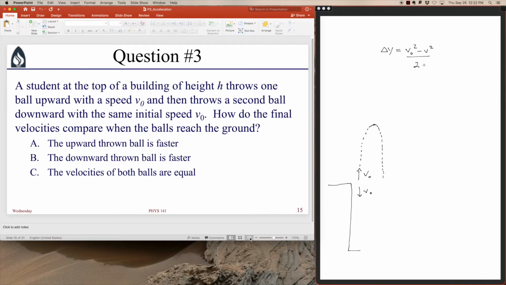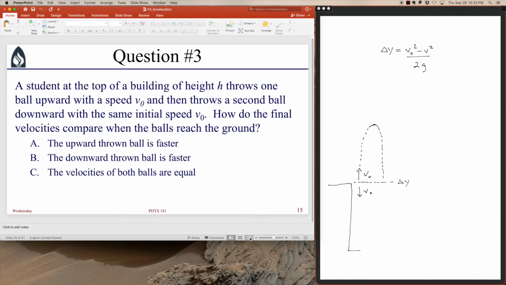Now at this point, the change in height is 0. When the ball goes up and comes back down, it's at the same height as it was before. So the final height minus the initial height is 0. So our delta y is 0 at this point.